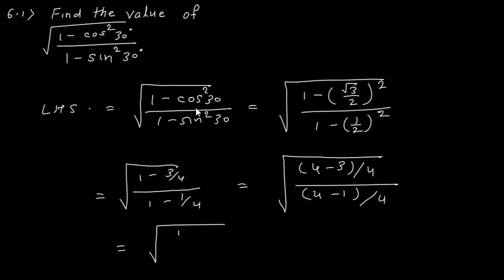So this is 1 upon 4 divided by 3 upon 4. So 1 upon 4 we can cancel. This is square root of 1 in numerator and 3 in denominator, that is 1 upon root 3. So the value of the square root of 1 minus cos square 30 degree upon 1 minus sin square 30 degree is 1 upon root 3.